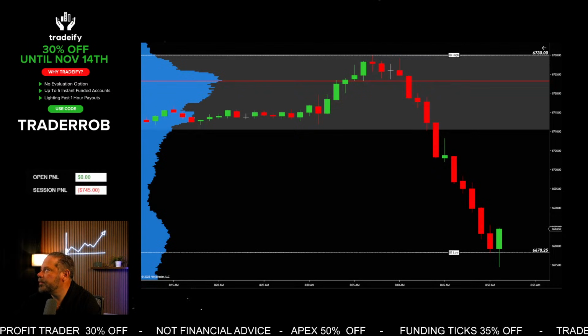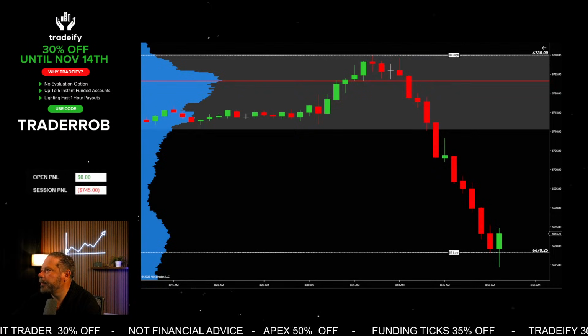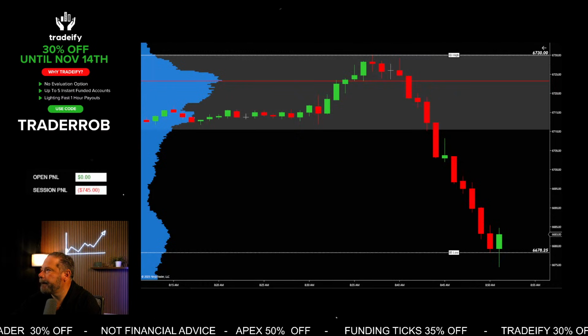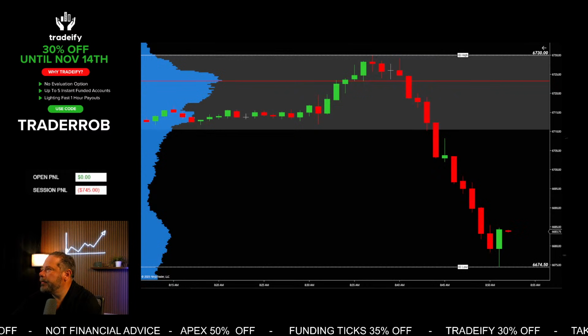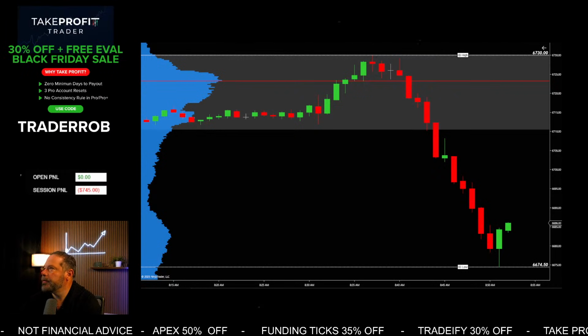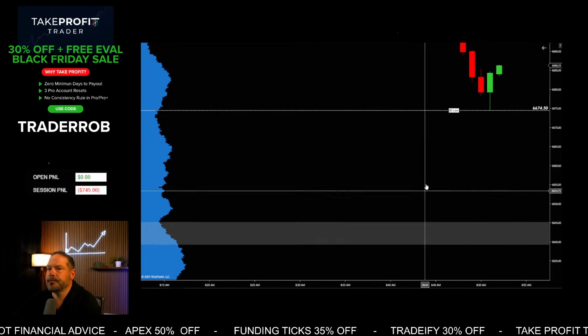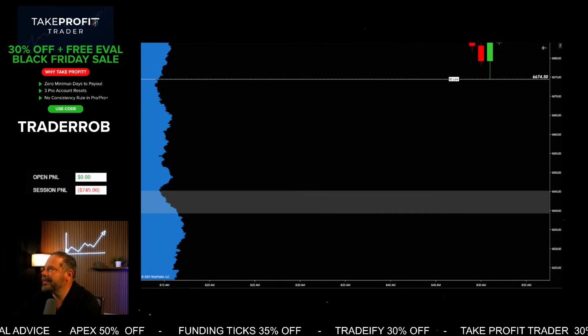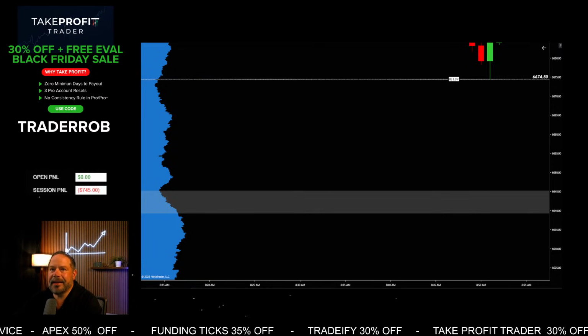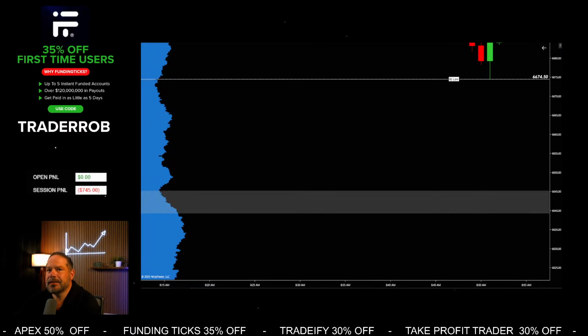Just want to take a look real quick. All right, so below us, got an area right here. Doesn't fit super fantastic on the volume profile.